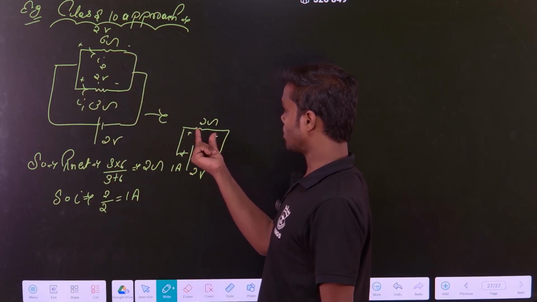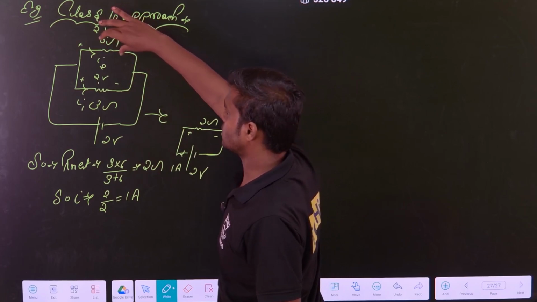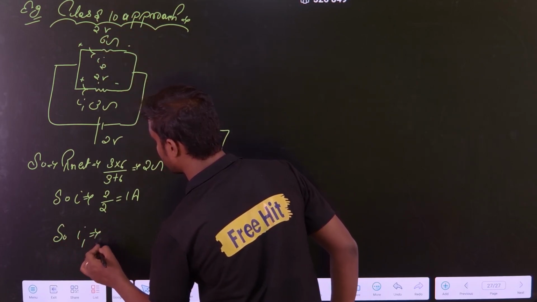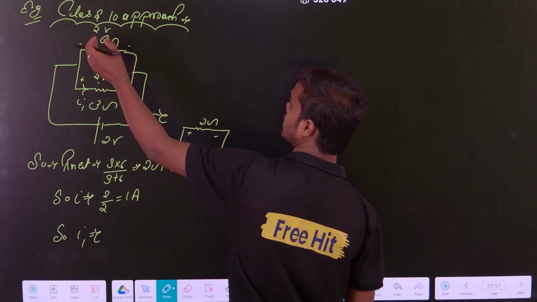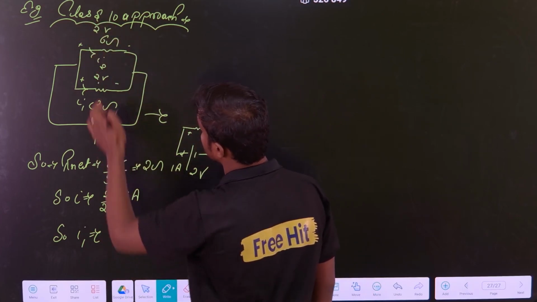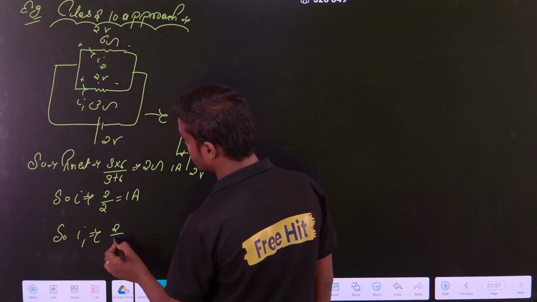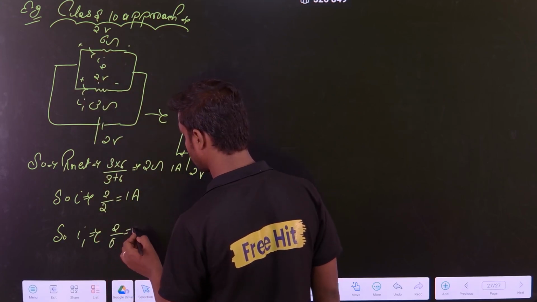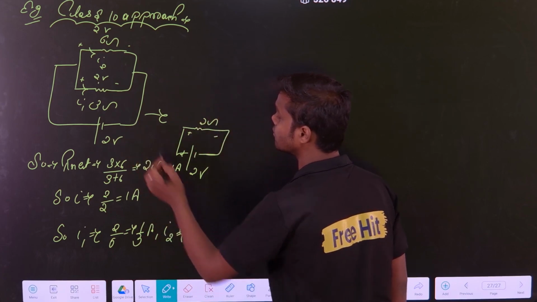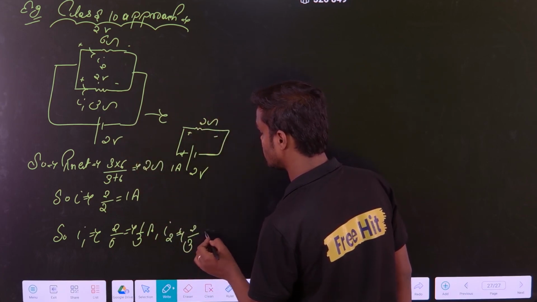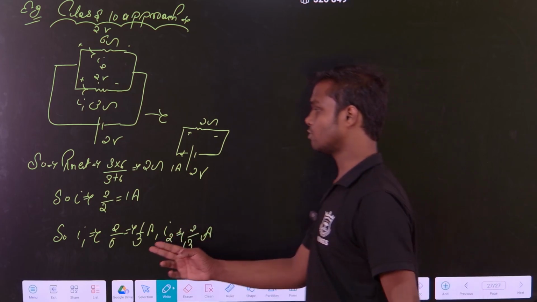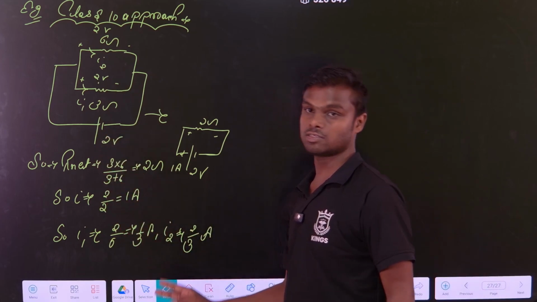So what is my I1? I1 will be 2 divided by 6, that is 1 by 3 ampere. And I2 is 2 divided by 3, that is 2 by 3 ampere, correct? And if you add these, you will get 1 ampere.